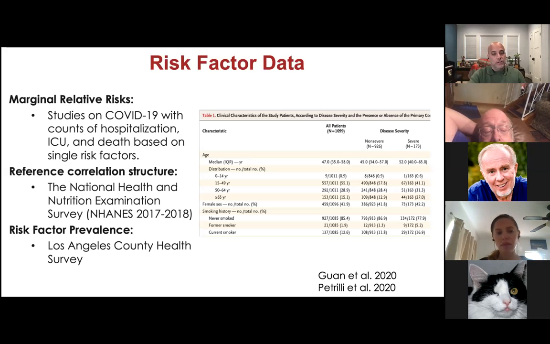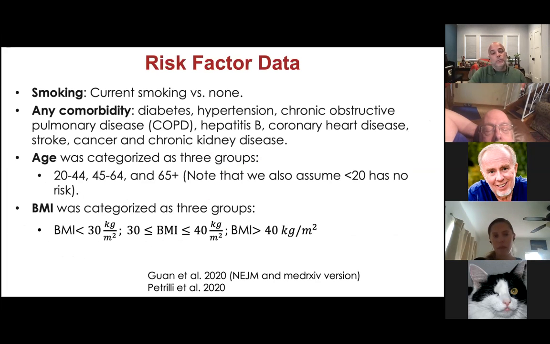We used the national NHANES data, and we pulled that data out and then used it to estimate the correlation structure. And then for the prevalence of the different risk factors, we used the Los Angeles County Health data to incorporate that information. The risk factors that we ended up incorporating were smoking, current smoking versus none.